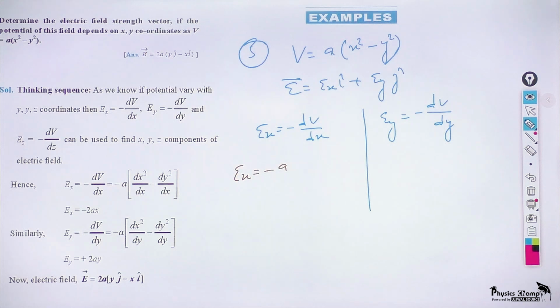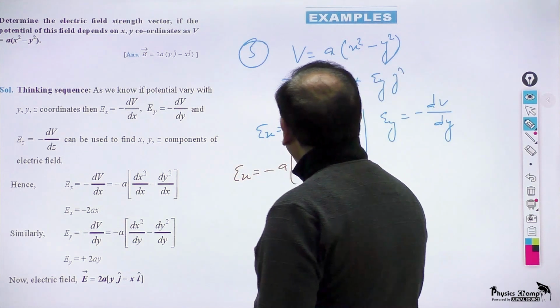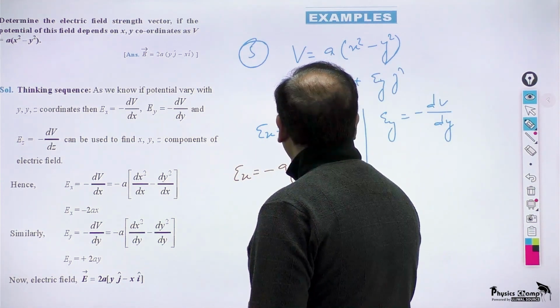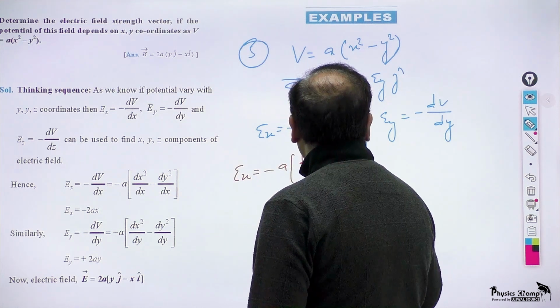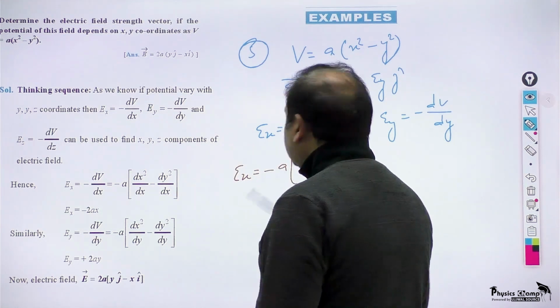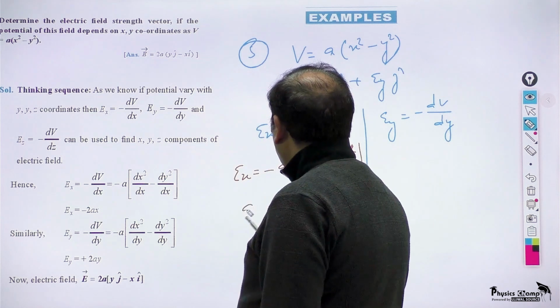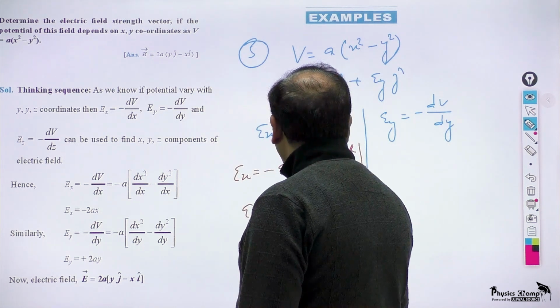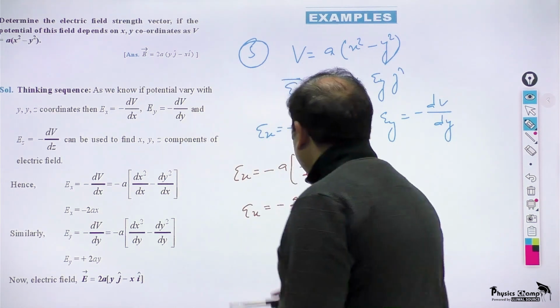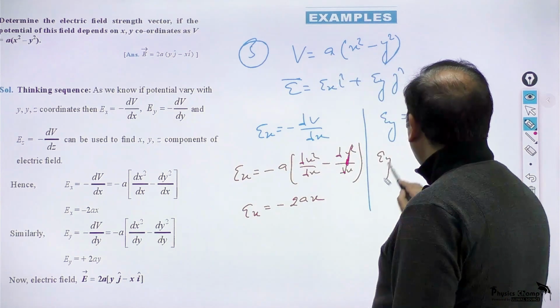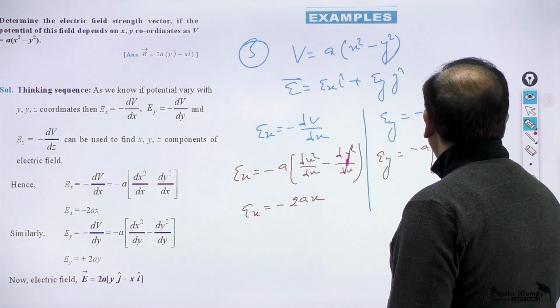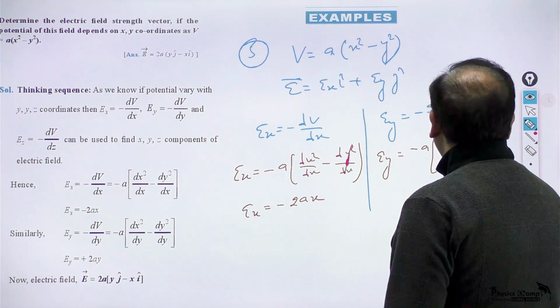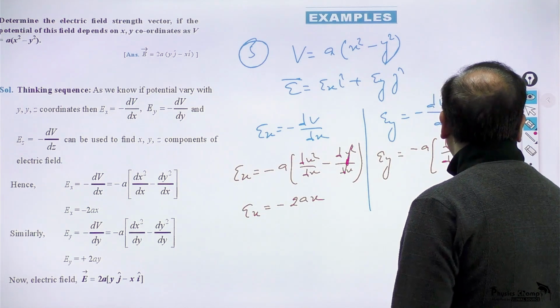it is minus a d x square by dx minus dy square by dx. dy square by dx will be 0. So Ex comes out to be minus 2ax, and similarly Ey will be minus a dx square by dy minus dy square by dy.